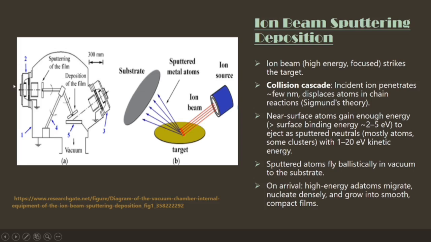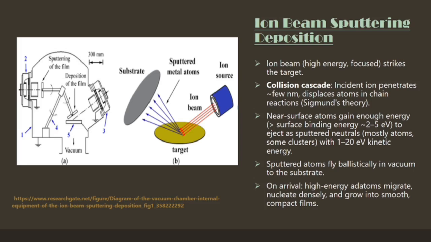These ions are extracted from a plasma, a hot ionized gas, and accelerated using an electric field to gain kinetic energy. Typically, they carry energies around 500 to 2000 electron volts, which is high enough to cause physical changes, but not so extreme that it destroys the target entirely.